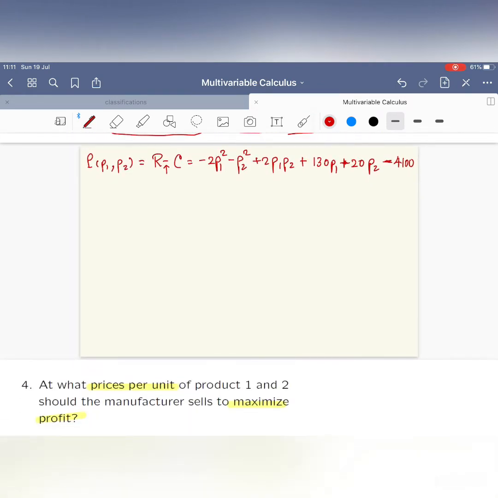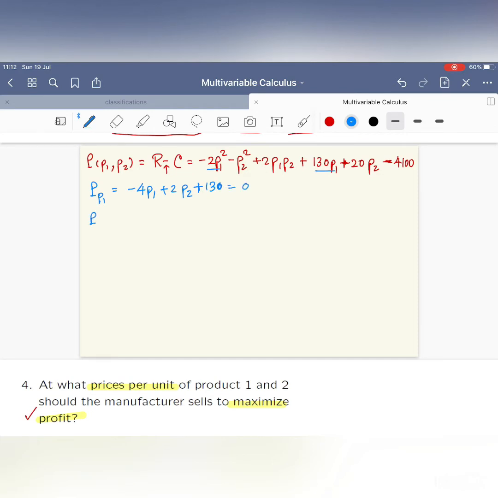Of course, we are going to ask for the maximum profit, right? So we are going to find the derivative of the profit with respect to the first price, which is negative 4 P1, you see here, and also plus 2 P2, and then 130, make it equal to 0.